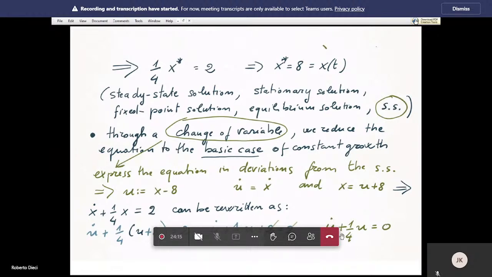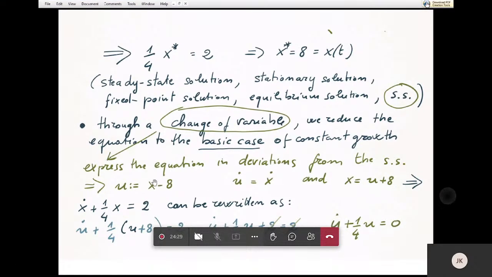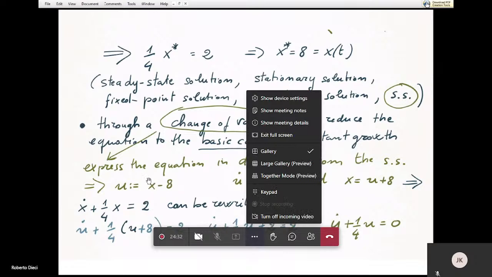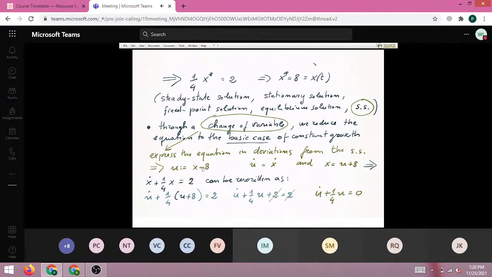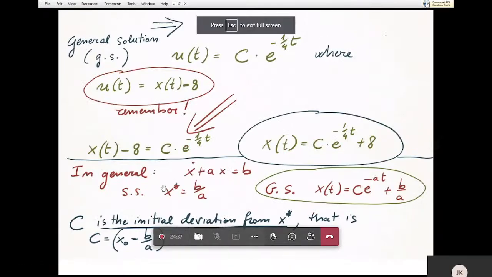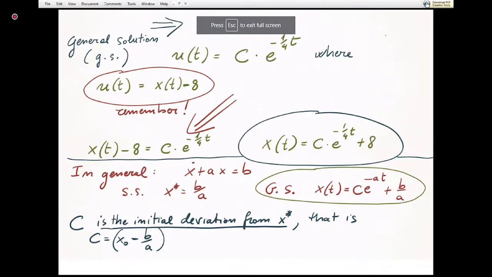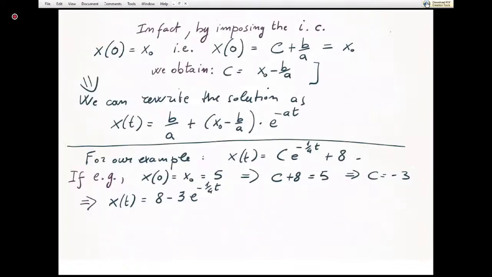So we reduced our equation to one that corresponds to the basic model of constant growth, except that the new variable was the difference between the original variable and its steady state level, okay? So basically we derived the general solution formula, and we discussed the constant corresponding to a given initial condition, so a given initial value of the variable.